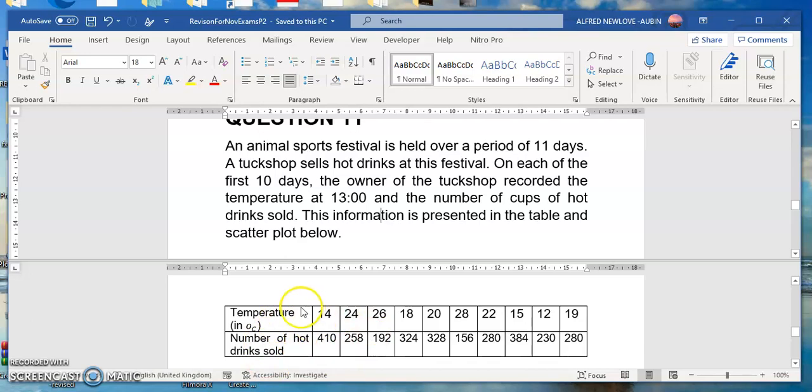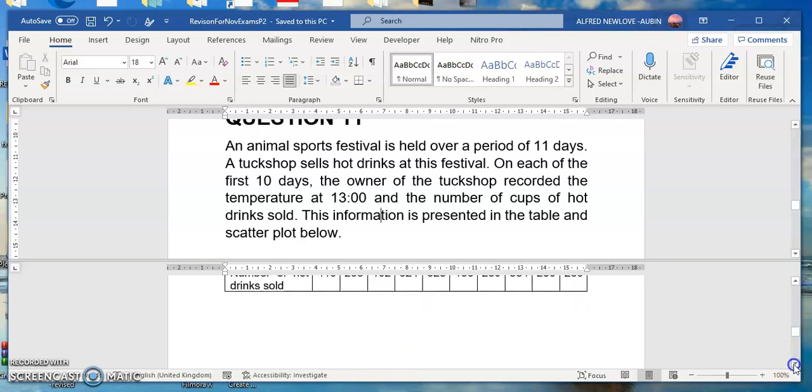So this is the table, the temperature. When the temperature is 14, the number of hot drinks sold is 410. When the temperature is 24, the number of hot drinks sold was 258. When the temperature was 26, the number of hot drinks sold was 192.